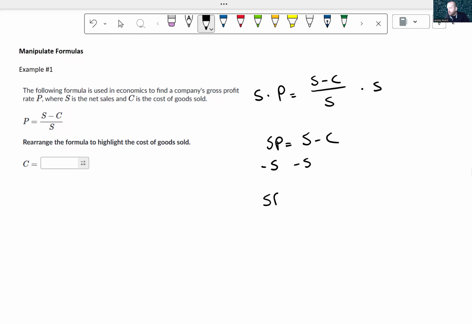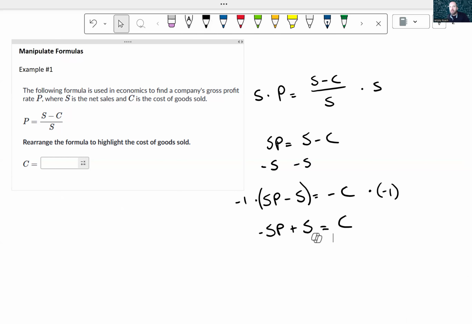We get SP minus S equals negative C. And now we're going to times by -1 on both sides. And when we do that on the left, it's important to put parentheses around this because we're multiplying both variables by -1. So now this is negative SP plus S equals positive C. And we have our formula for this.